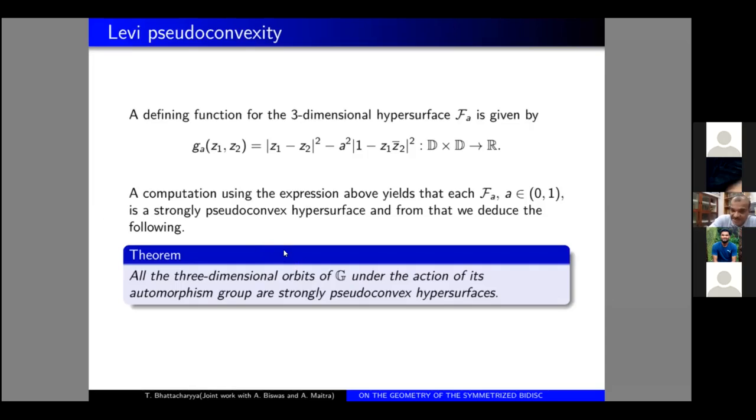All the three-dimensional orbits, all these hypersurfaces. This defining function actually defines a part of the symmetrized bidisc, of which this orbit is the boundary. So we can apply this concept. So they are all strongly pseudoconvex.